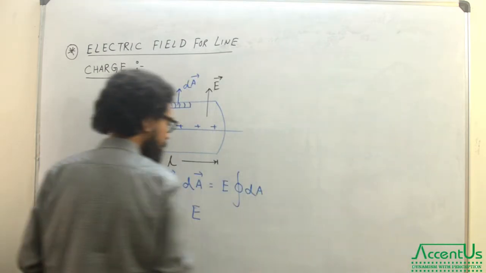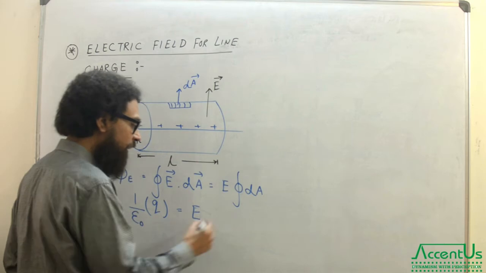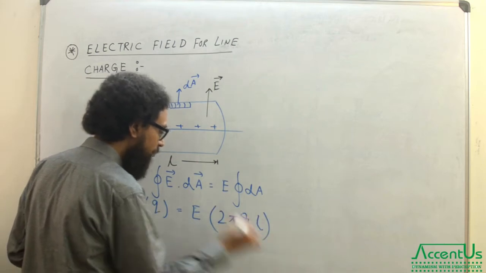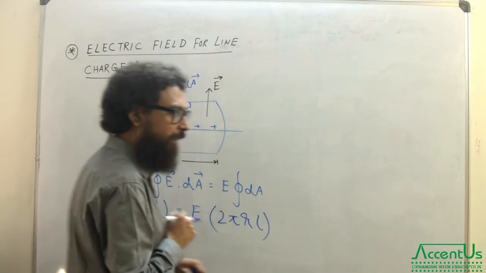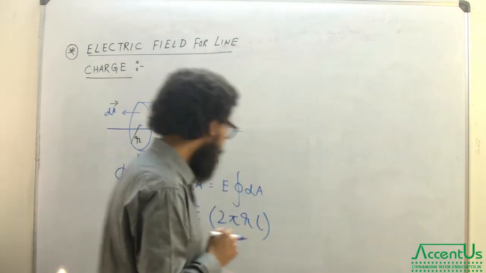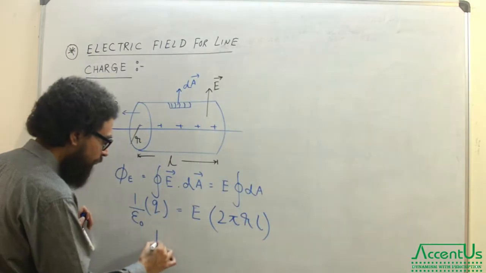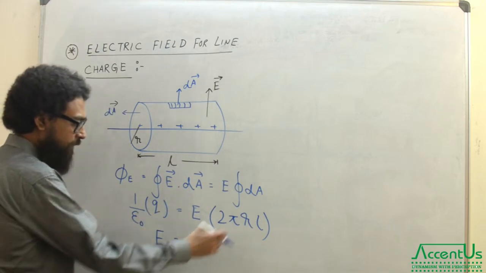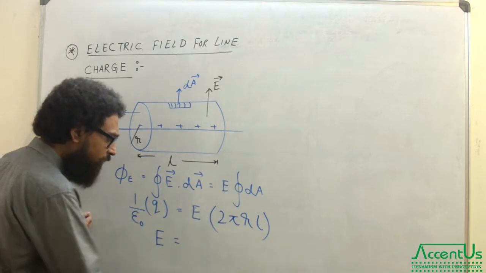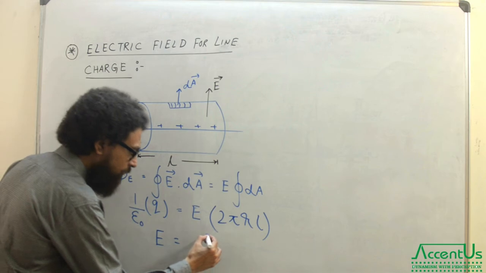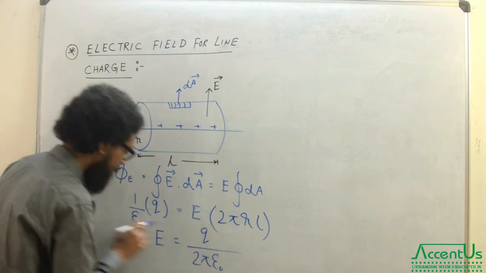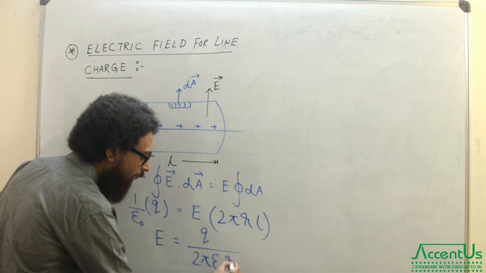We know from the concept of mensuration, it is 2 pi r L, where r is the radius of this cylinder. So if I now write E, what is E now? You can see, the whole thing, which is Q by 2 pi epsilon naught r L.